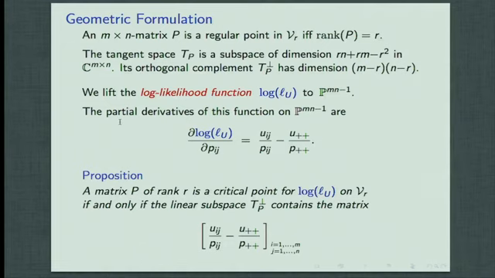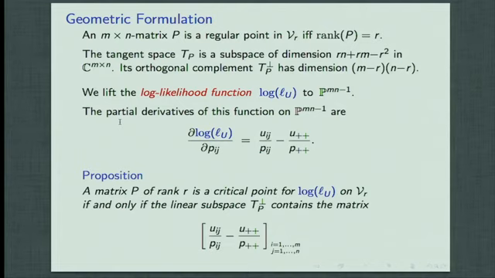Regard this as a function on projective space, and then the partial derivative is uij divided by pij minus u plus plus, the sample size, divided by p plus plus. This is the homogenizing variable in this projective space. It is 1 in the statistical application, but it is the coordinate of the hyperplane at infinity.